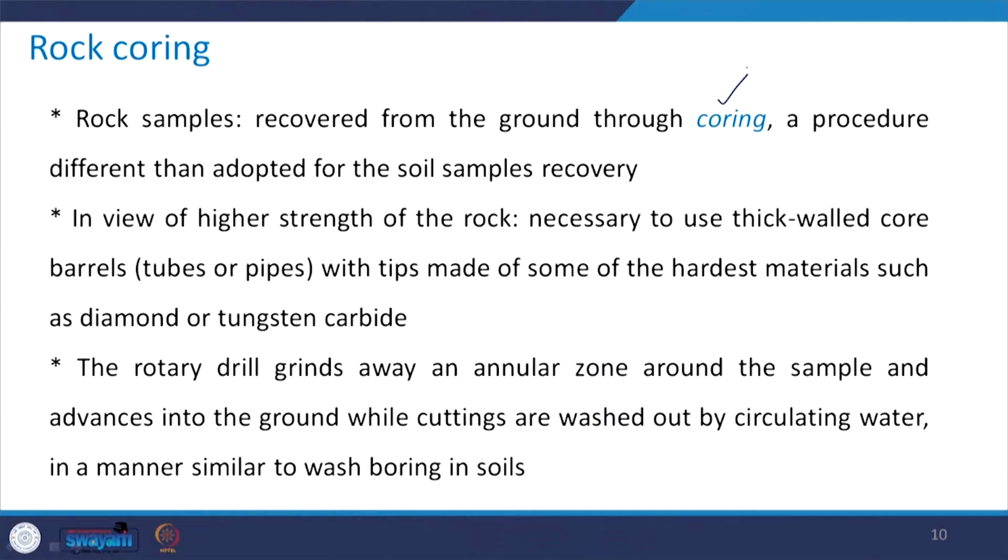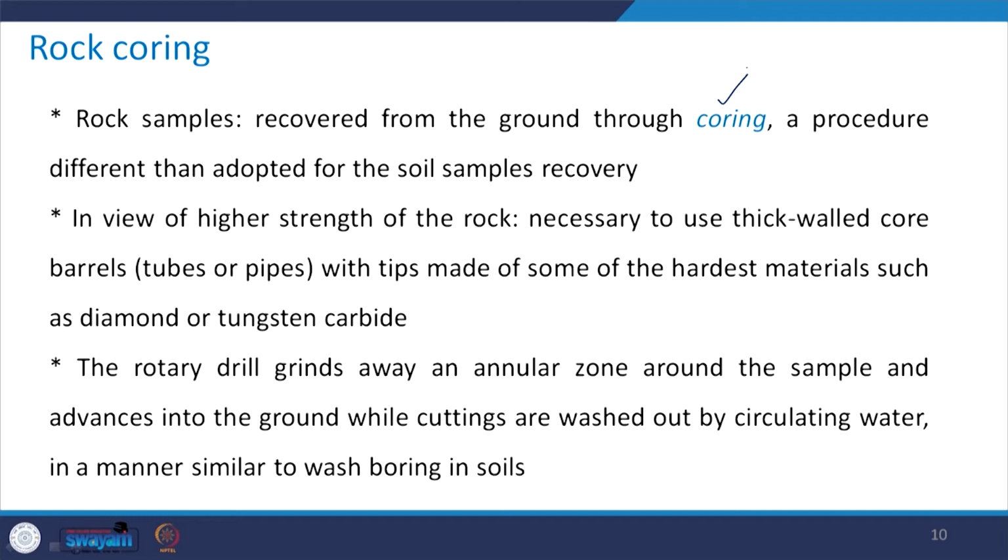So, rock samples are recovered from the ground through coring. In soils we call it boring, in case of rocks it is coring. This, as I explained, is altogether different from soil sample recovery. How is this done and why is it different?